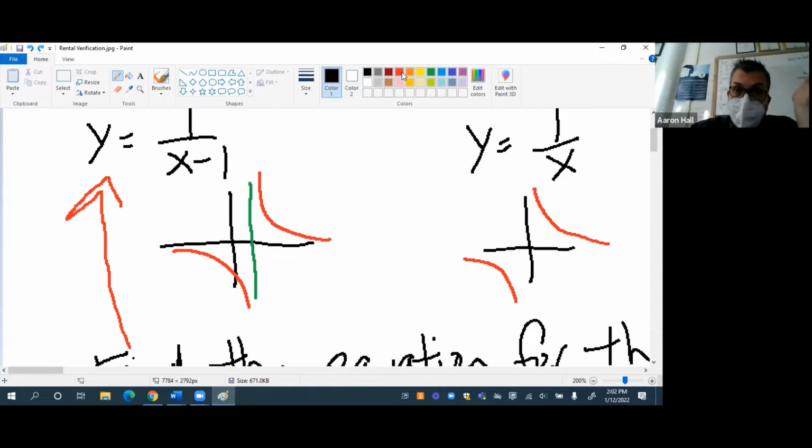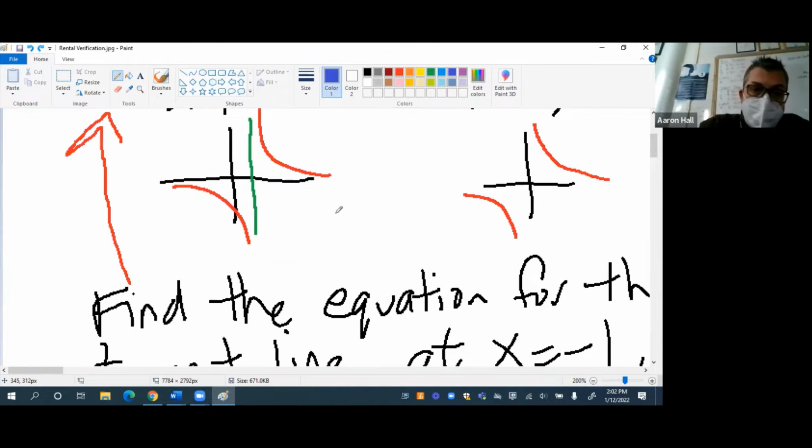Let's use blue. We're looking for x equals -1, so let's say this is -1 right here, and our tangent line would be more or less a line, maybe something like this. I want to find the equation of that tangent line that just barely calculates the instantaneous rate of change when x is -1.